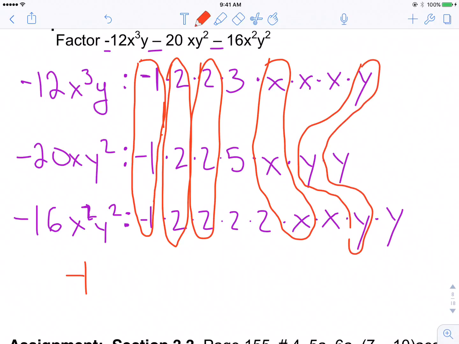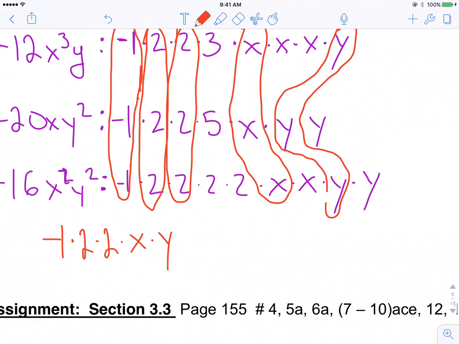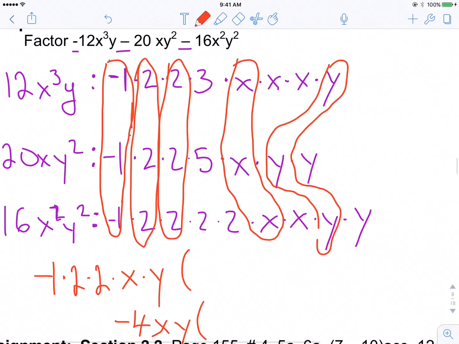So my factor is going to be negative 1 times 2 times 2 times x times y, or what is that, negative 4xy.